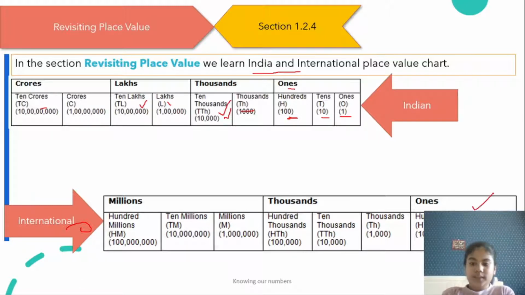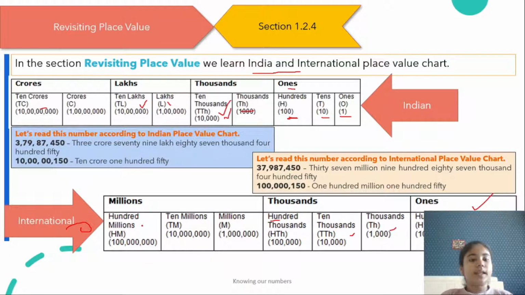Here we have ones, tens, hundreds, just like Indian, and then we have thousands and 10,000. Till here, the Indian and international place values are the same, but after that they change. The Indian place value chart has a lakh after 10,000, but the international place value chart has 100,000, and then we reach millions, 10 millions and 100 millions.